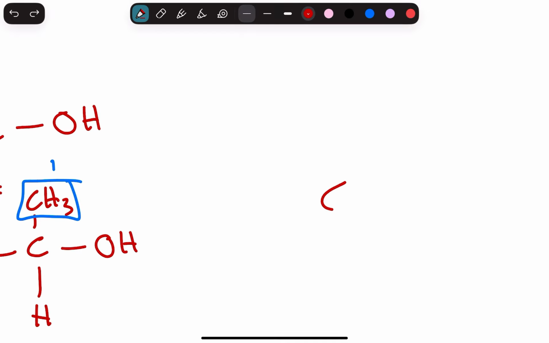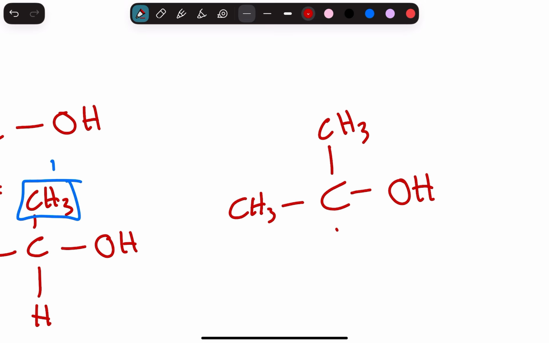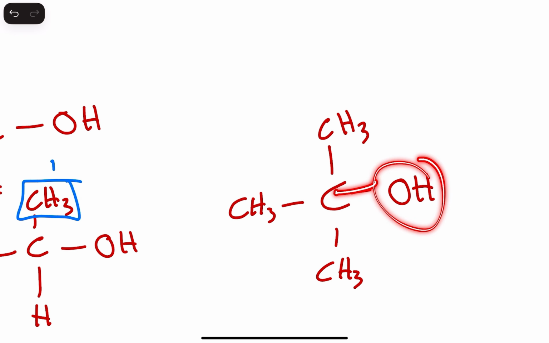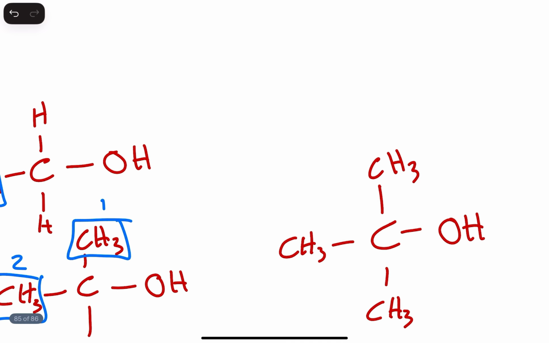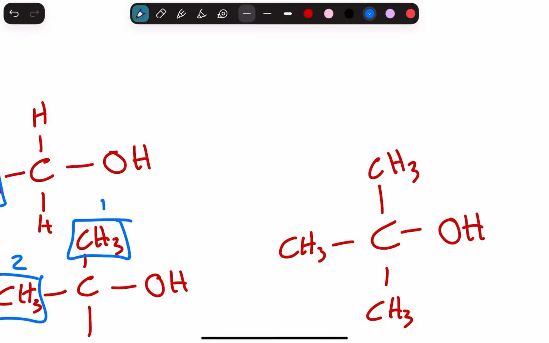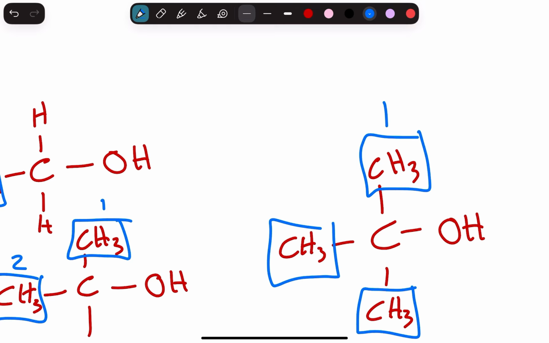So we have our carbon, our hydroxyl group, and then 3 carbon groups right here. So we can see that the hydroxyl group is connected to 3 carbon groups. So that makes it a 3 degree alcohol, or a tertiary alcohol. So we'll just number those 1, 2, and 3. So that's the classification of alcohols.